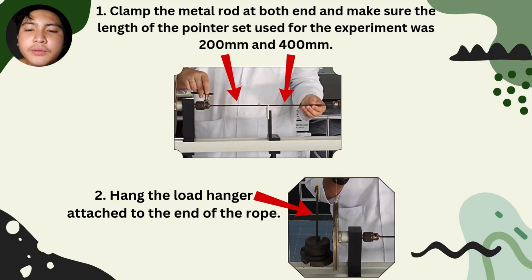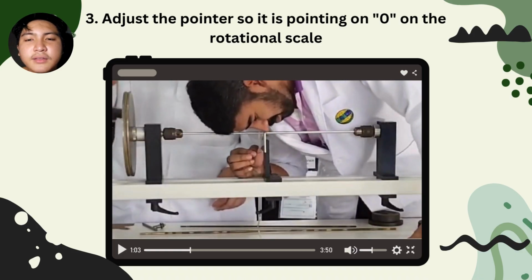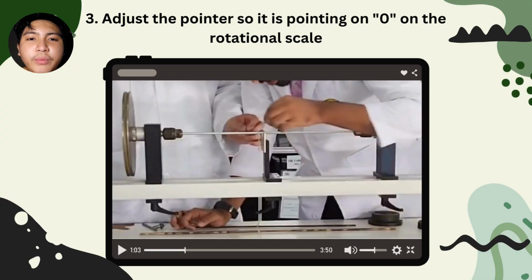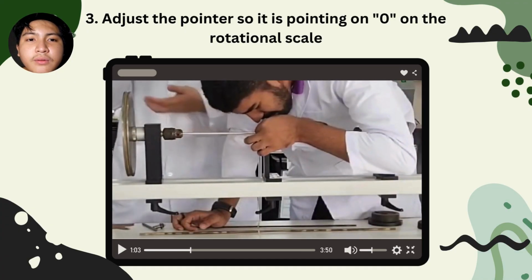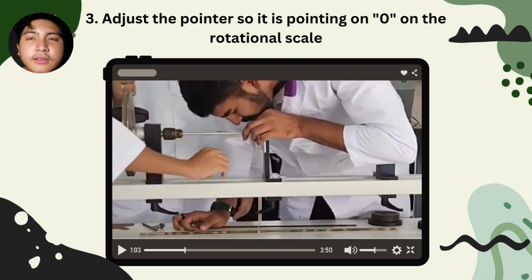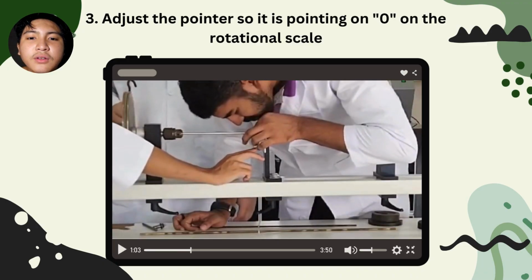For step 2, we hang the load hanger, attach it to the end of the rope. Next, number 3, we adjust the pointer so it is pointing on the 0 on the rotational scale. We can also call it zeroing the scale.